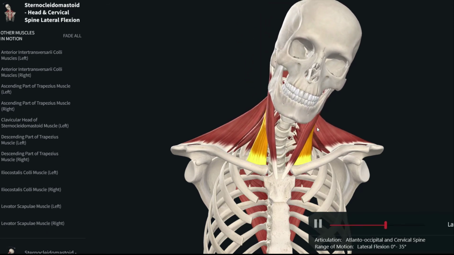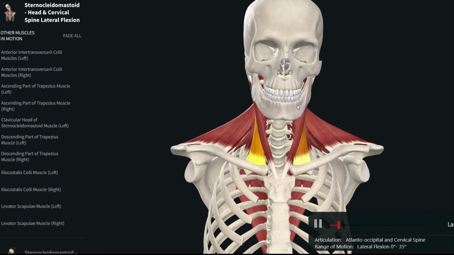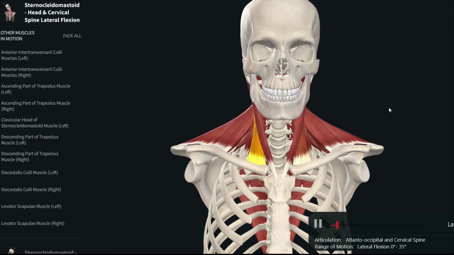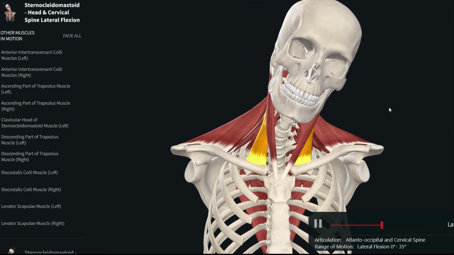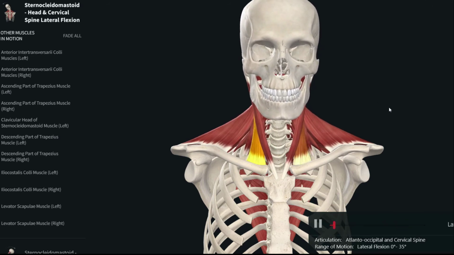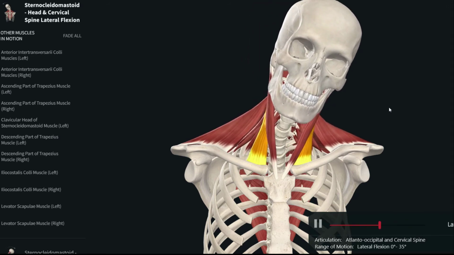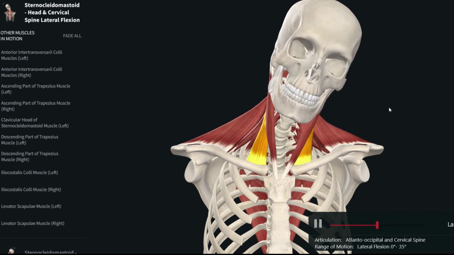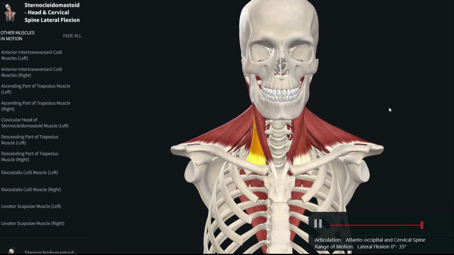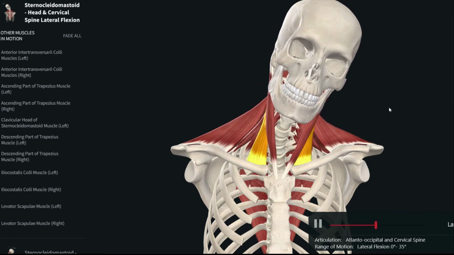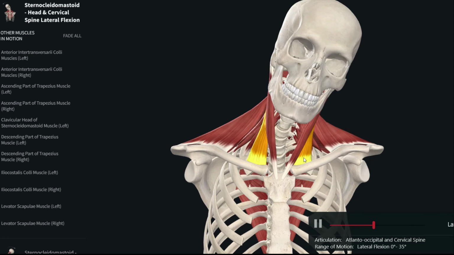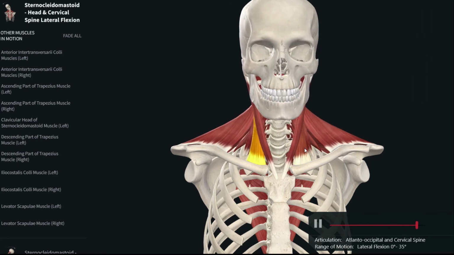So the left sternocleidomastoid's clavicular head causes the left lateral flexion of the neck. So this is not contralateral, this is same-sided. This is known as ipsilateral. So there is ipsilateral flexion of the neck when the clavicular head of sternocleidomastoid acts alone.